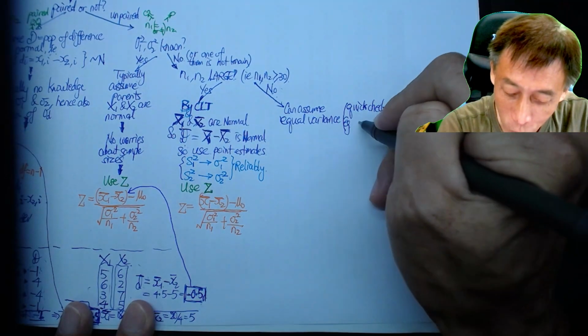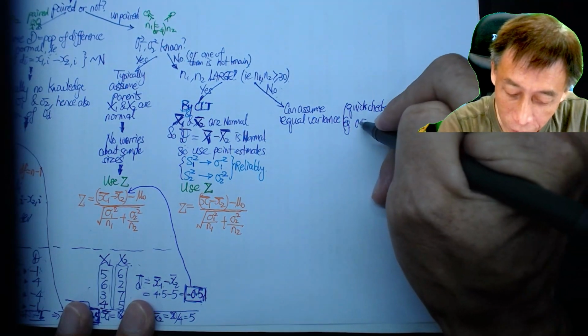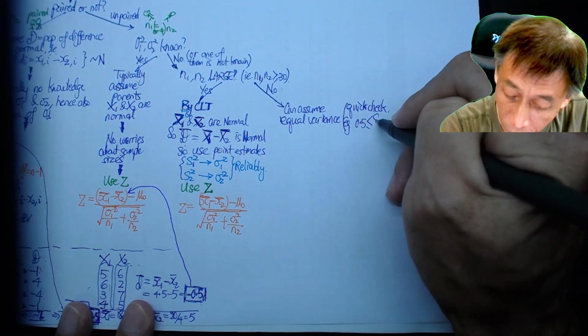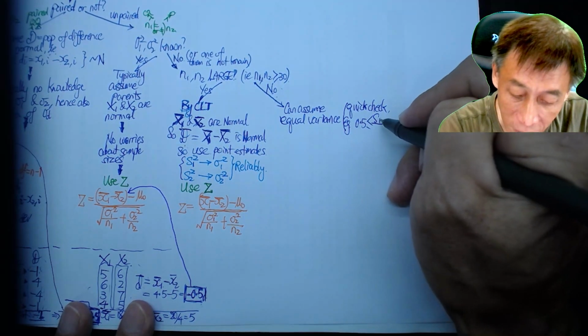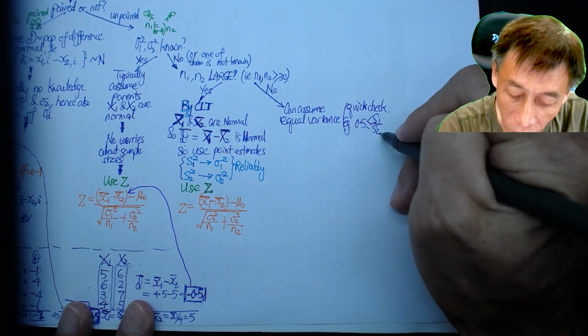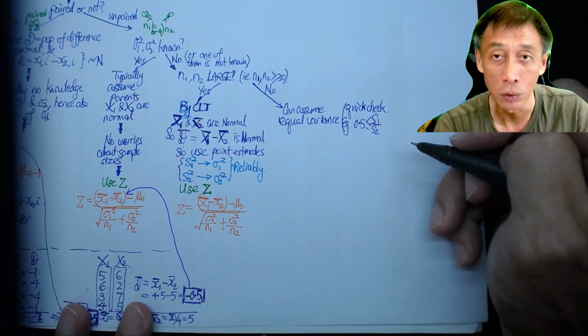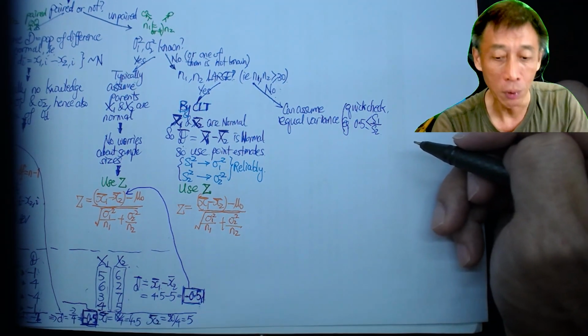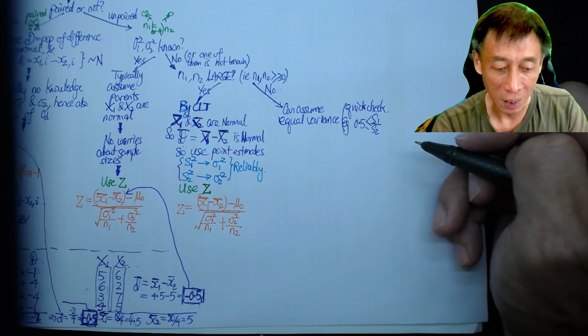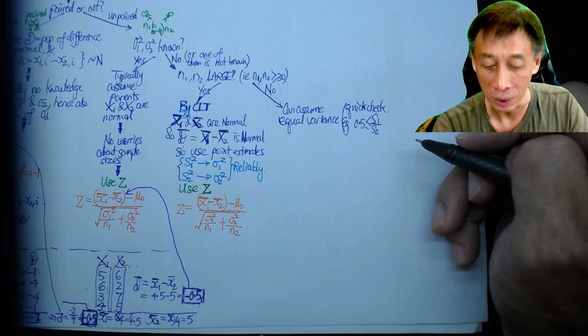I just put example 0.5. So take the sample standard deviation of sample 1, divide by sample 2. Now, which one is sample 1, which one is sample 2? Because if I swap them, left becomes right, right becomes left. It doesn't matter.